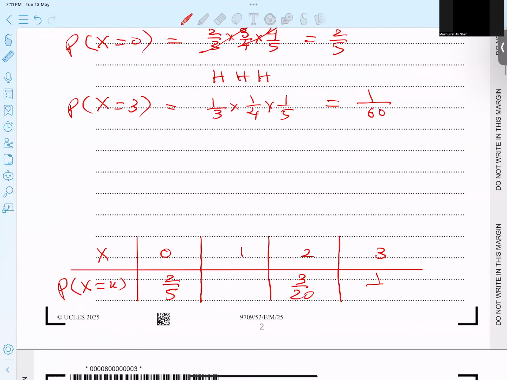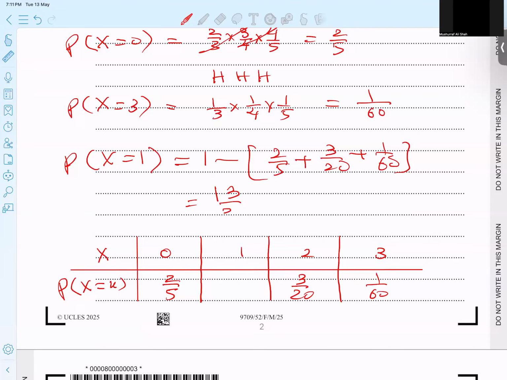Now how do we get the unknown one? I can say simply 1 minus, add them all: 2 by 5 plus 3 by 20 plus 1 over 60. If I type it in the calculator, this answer is coming 13 over 30.